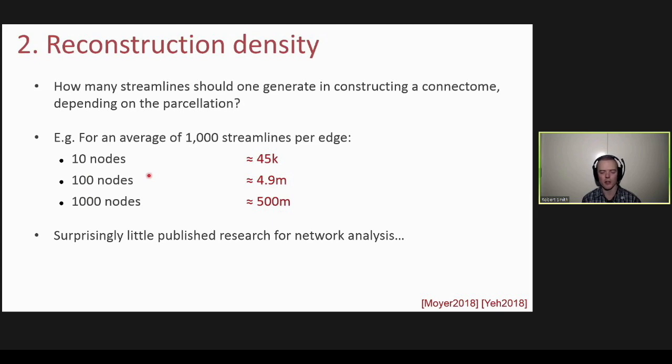So these are entirely back of the envelope numbers. This is simply a demonstration that if you think about, okay, the number of edges in the connectome goes up as the square of the number of nodes. So as you increase the number of nodes in your parcellation, there's a good chance that the number of required streamlines is going to grow very quickly.